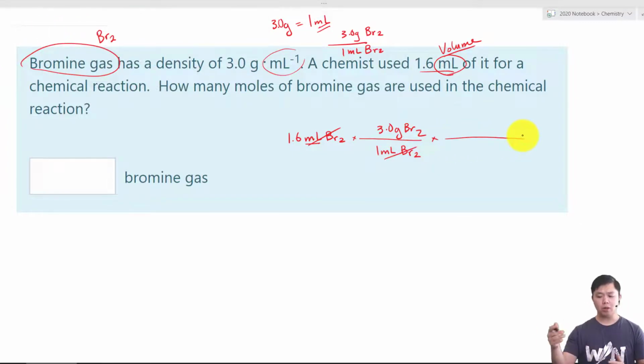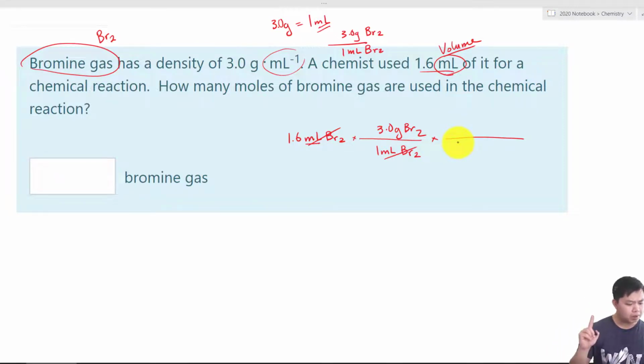From gram to mole is molar mass. So what's the molar mass of Br2? Looking at the periodic table, 1 Br is 79.9. So the molar mass of Br2 is equal to what? 2 times 79.90.